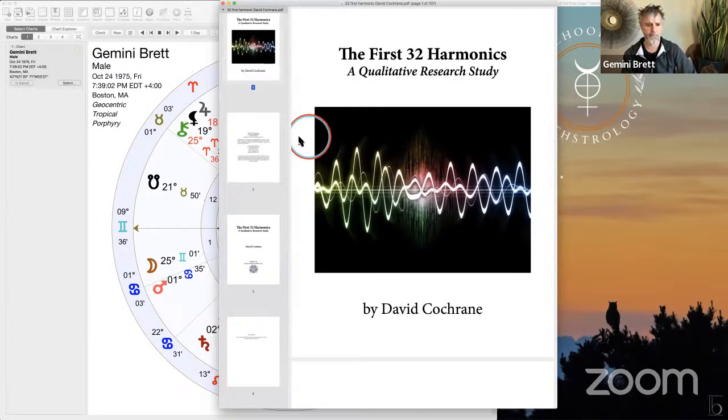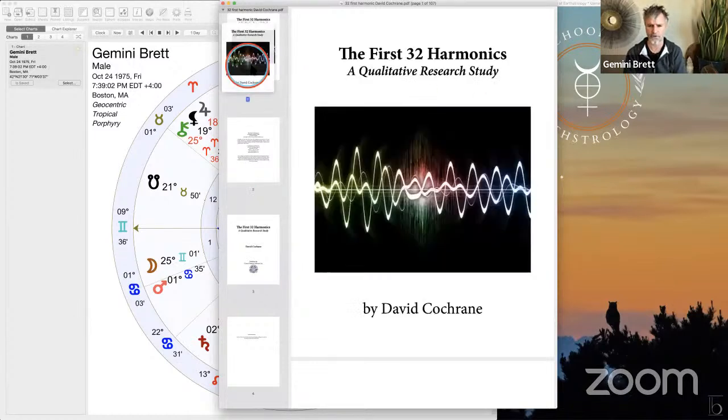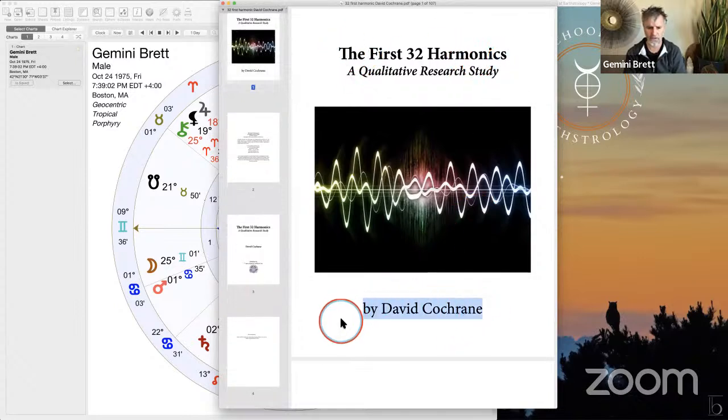Let's see if David has his website written here. Oh, it's Cosmic Patterns. Astro Software is one, but I think he also has Cosmic Patterns. I know they have this at astro.com, and you can just search online the first 32 harmonics by David Cochran, and you will find this paper. It's a really cool paper.